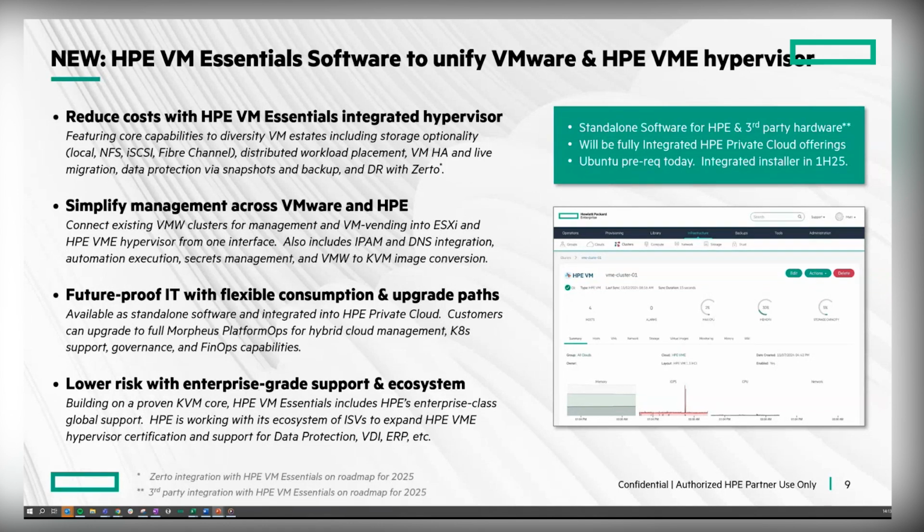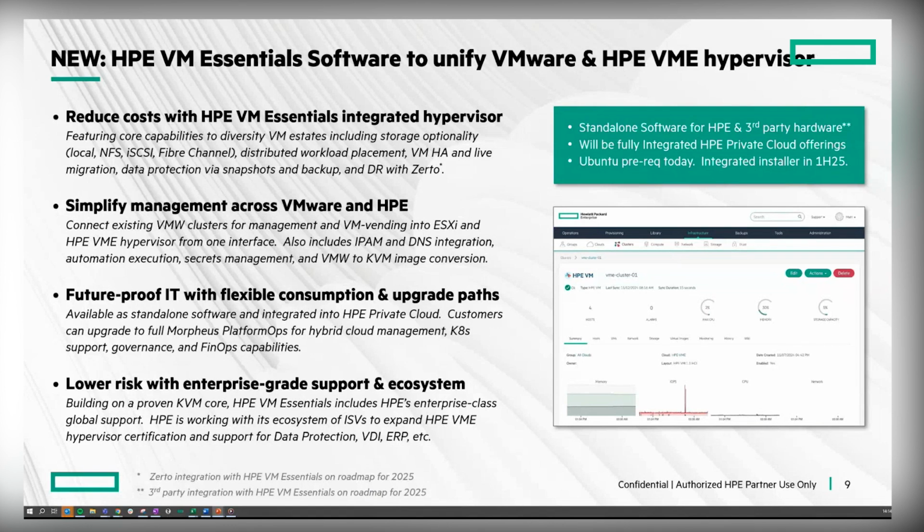More integration for the HPE portfolio will come throughout FY25, and then later towards the back end of 2025, early 2026, we'll start to see integrations with third-party vendors as well for customers that want to use this software on other vendors' hardware as well.